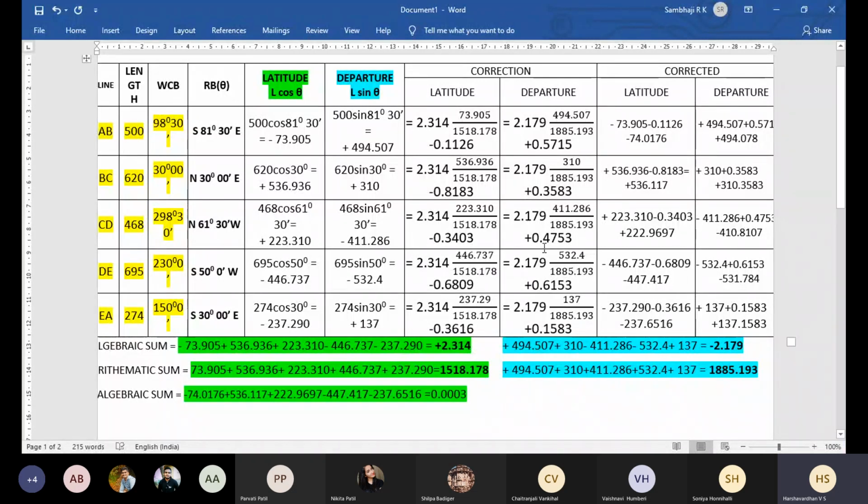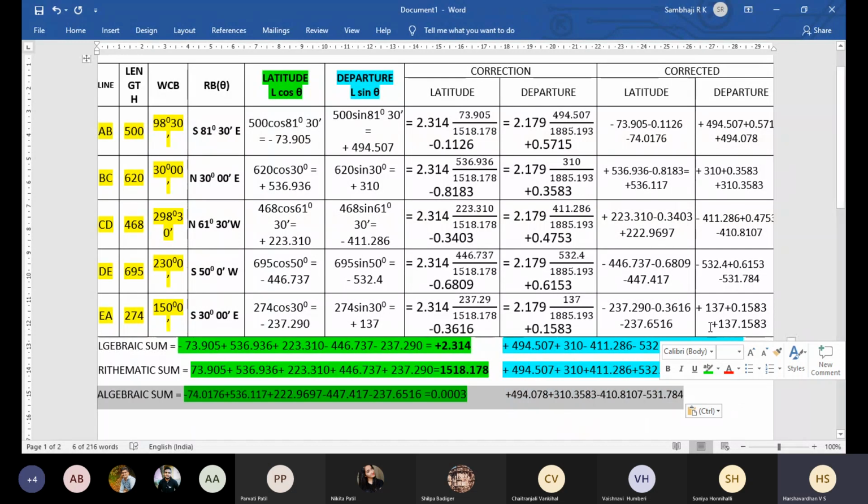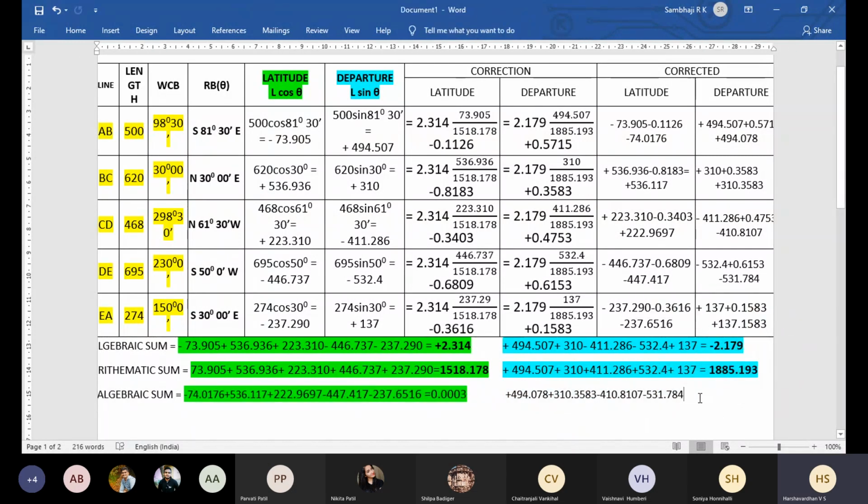We'll next calculate the algebraic sum of all the departures: plus 495.0785 plus 310.3583 minus 410.8107 minus 531.784 and plus 137.1583.